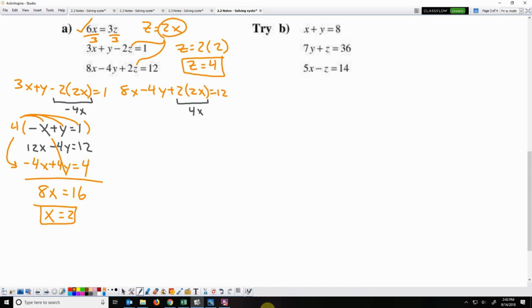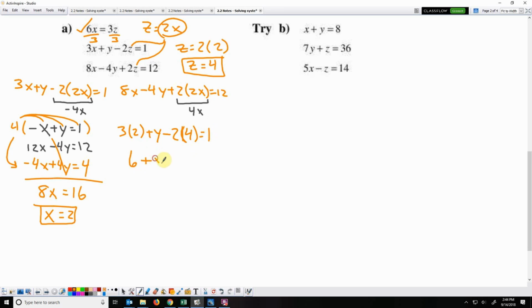So then I can use x and z to find y, and I think right here in the middle equation is going to be the easiest spot to do that. 3x plus y, and I should change that x to a 2. 3 times 2 plus y minus 2 times z, which is 4, equals 1.